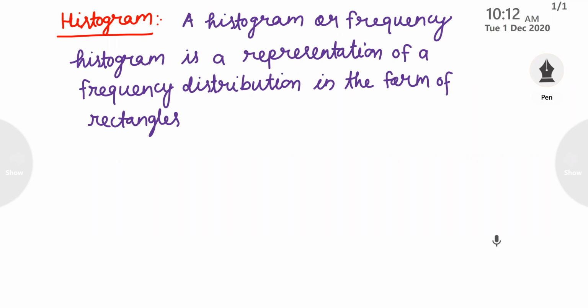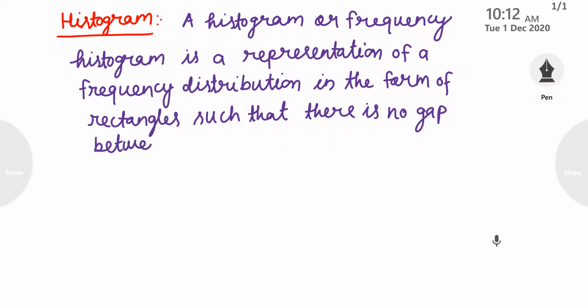such that there is no gap between any two successive rectangles.